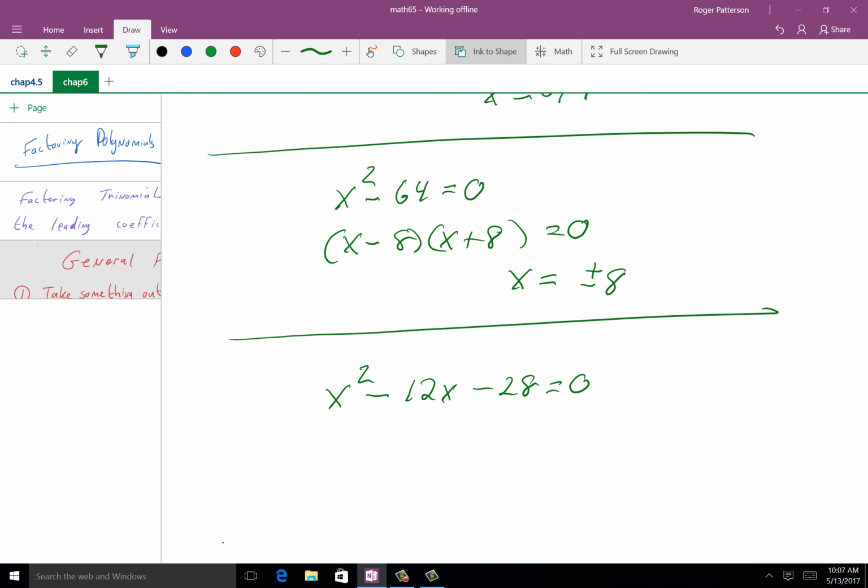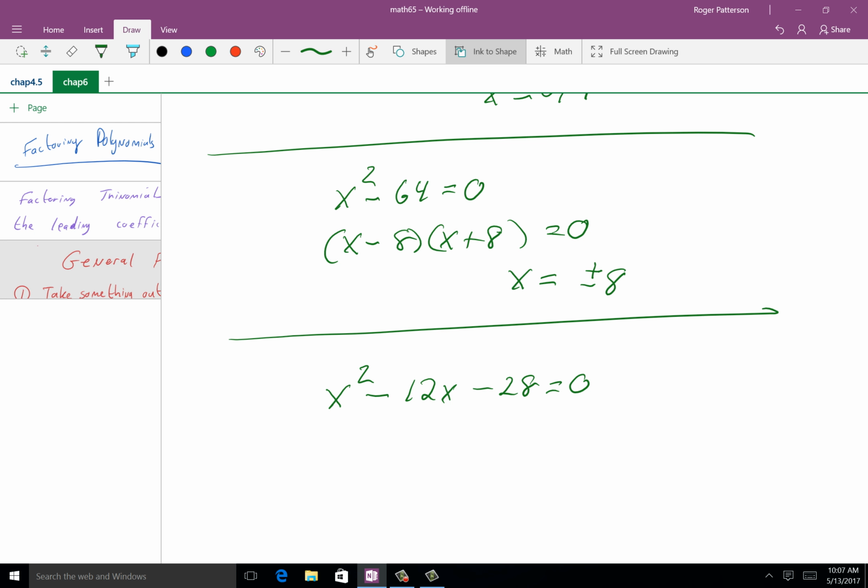Remember, these are the ones that were in 6.2, and I said, oh, these are easy ones, right? You guys said, oh, yeah. If there's nothing in front of that x squared, just factor it. Straight up trinomial. Don't use the AC method. Just take factors of 28, find the ones that work, and go for it. 2 and 14, yep.